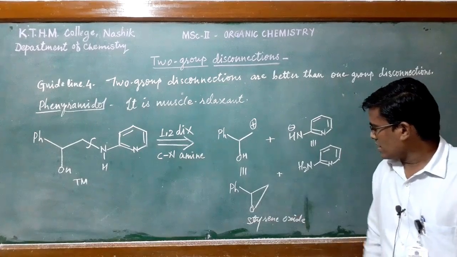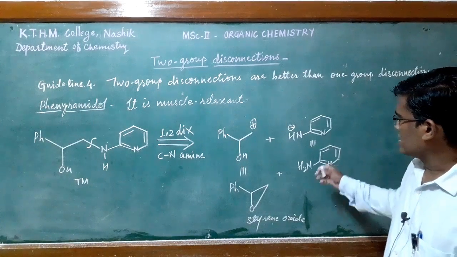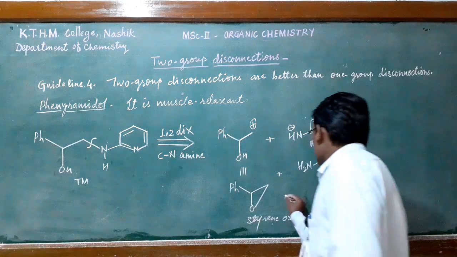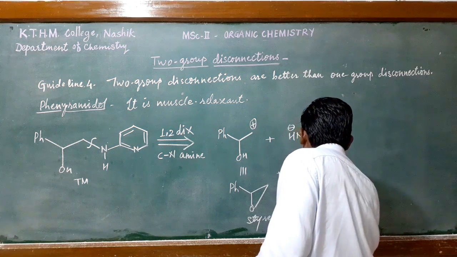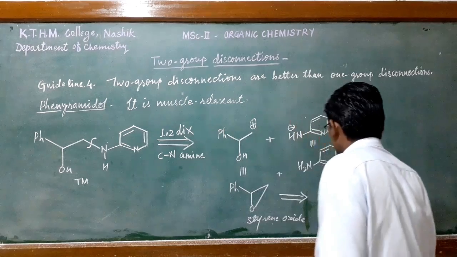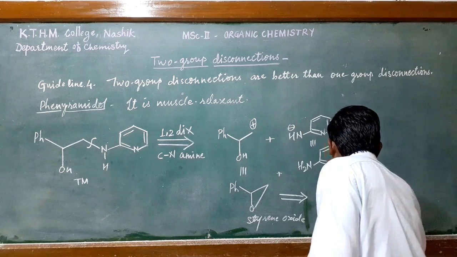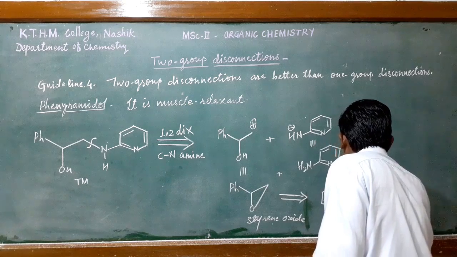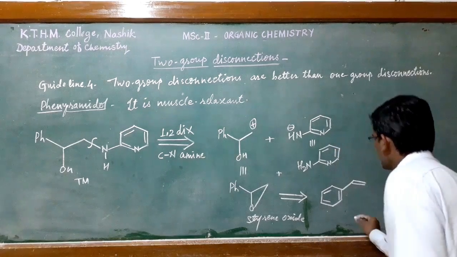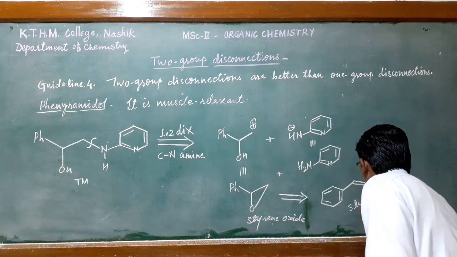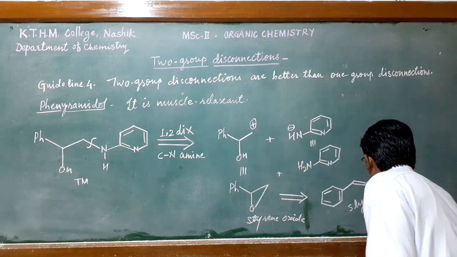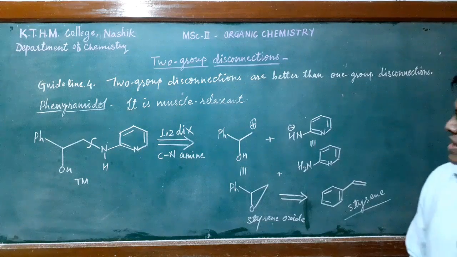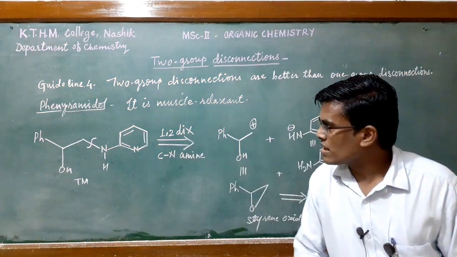So this styrene oxide and this 2-aminopyridine. Even this styrene oxide you could obtain from this styrene. Okay. So this is the analysis for this phenyramidol.